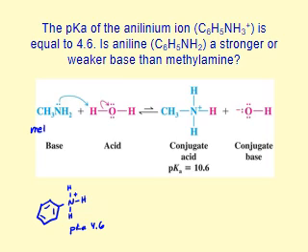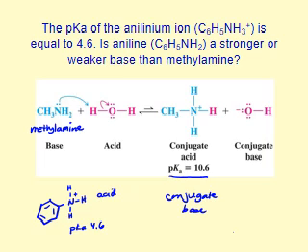So this is methylamine, and we can see that its conjugate acid has a pKa of 10.6. So we would know that, of course, the anilinium ion is an acid, and its conjugate base would be aniline. So this is aniline here.